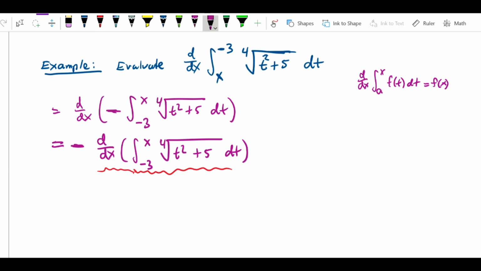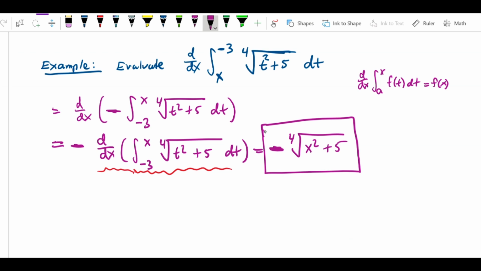So that's going to be negative, and we know that this expression is just going to be the fourth root of x squared plus 5. So that's the answer. The trick here is that I had to manipulate the integral in order to get it into this form. It has to be a constant going up to x, or the fundamental theorem of calculus does not work.